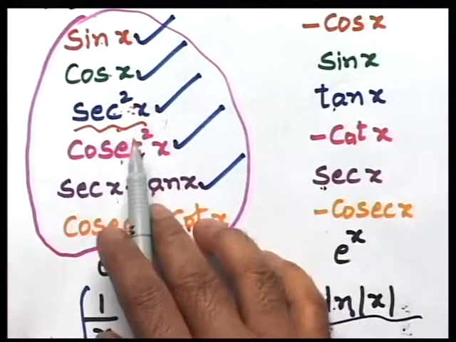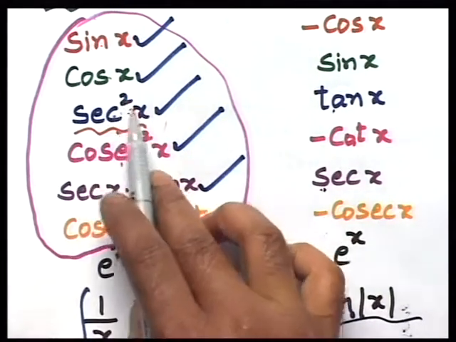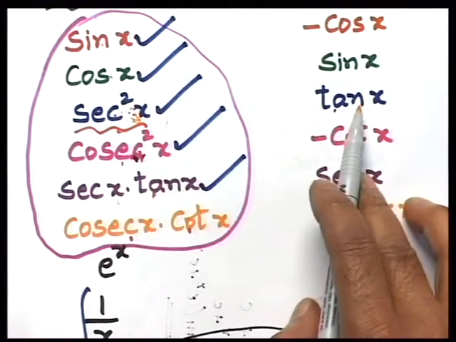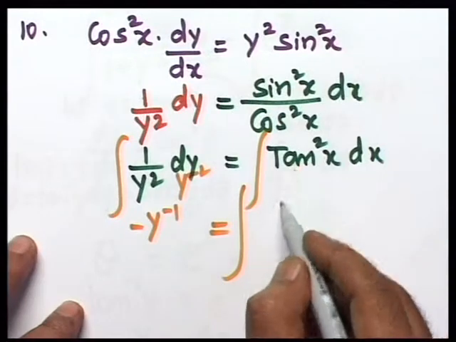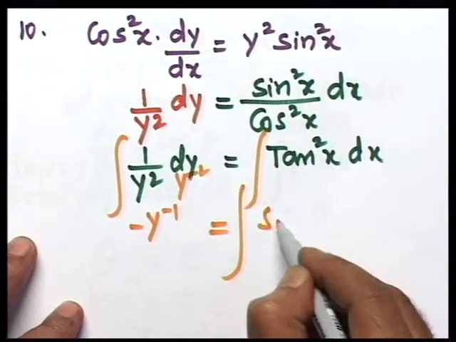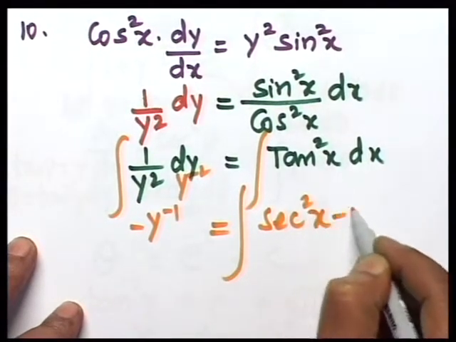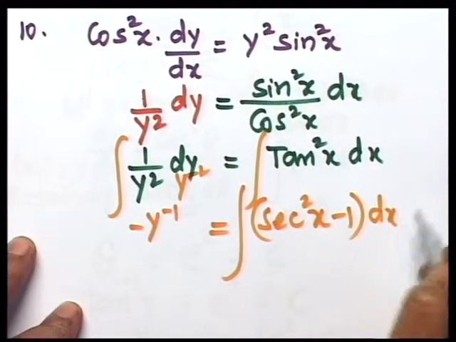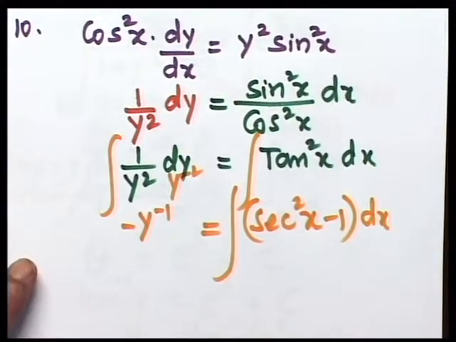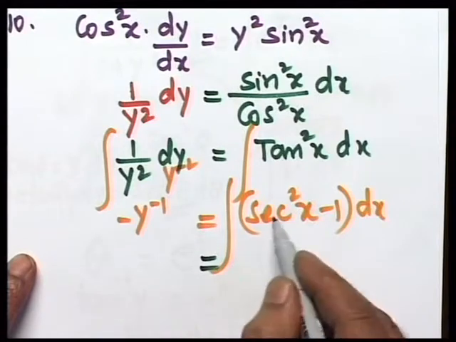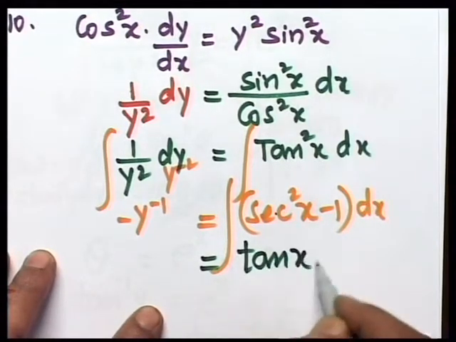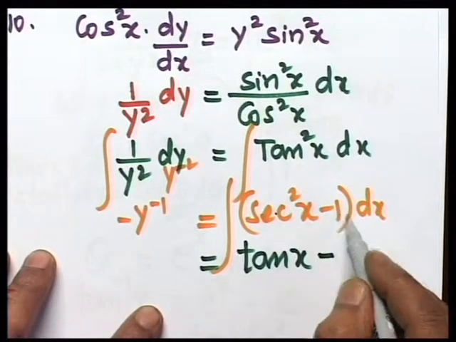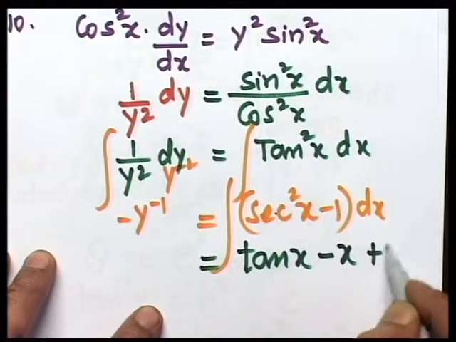We know the rules. The integration of sec square theta is tan theta. So let's write this in terms of sec square. So 1 plus tan square theta is sec square theta. So that's sec square x minus 1 dx. So now we are able to integrate this. The integration of sec square x is tan x, and minus 1 gives minus x, plus k.